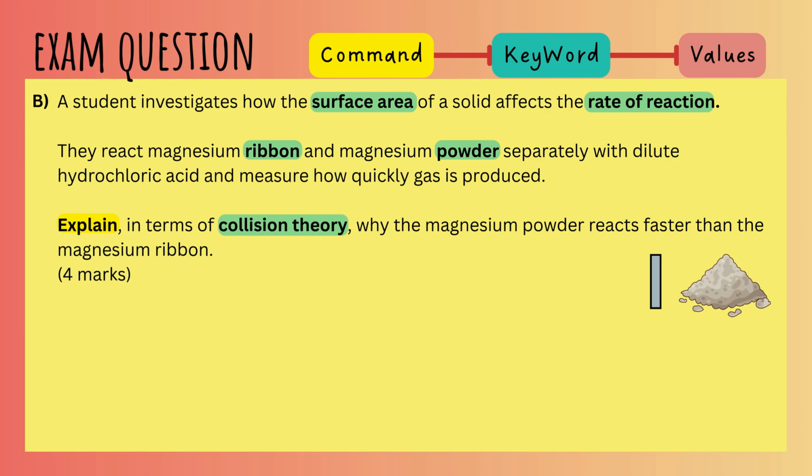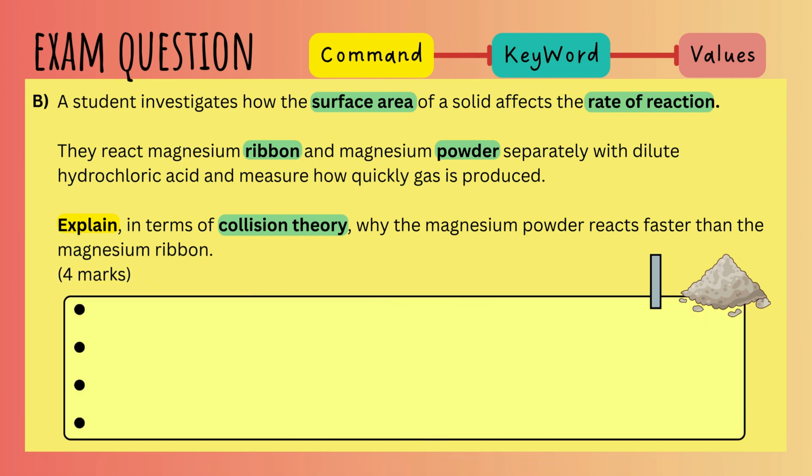Question B. This question's a little bit more extensive, but hopefully you spotted that the real question is in the third sentence. Explain in terms of collision theory why the magnesium powder reacts faster than the ribbon. You should have something like magnesium powder has a larger surface area than the ribbon.